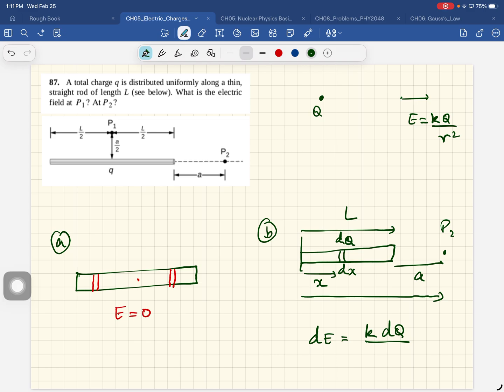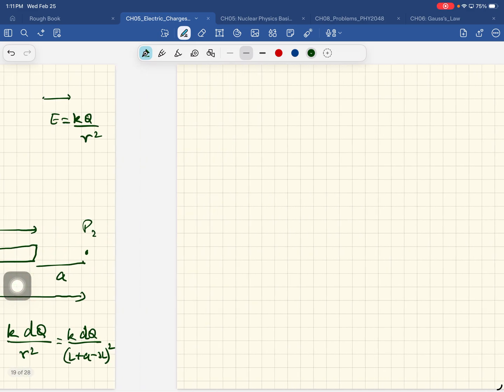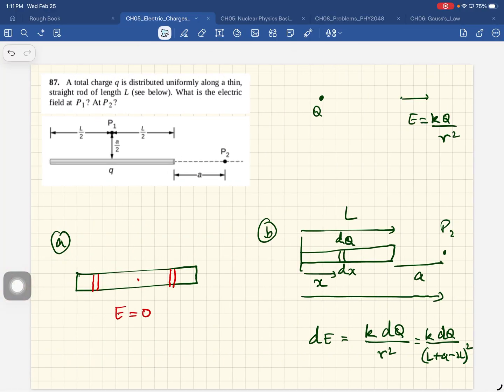All the electric field vectors are pointing in the same direction, so all you have to do is add up those magnitudes for the total electric field. What does adding up mean? Doing an integral. An integral is adding things up. So the net electric field is the sum of all those little electric fields, which is equal to the integral of KQ over L, dx over L plus A minus X squared.